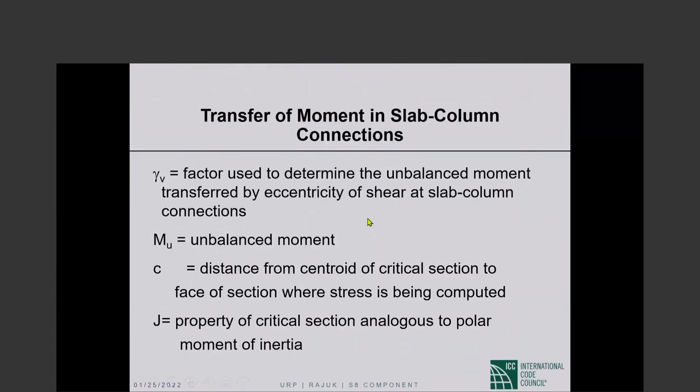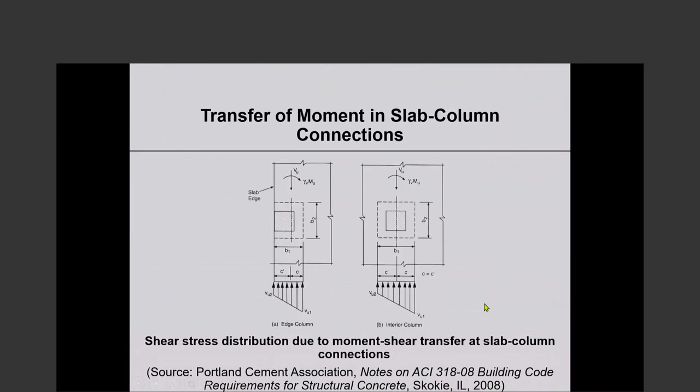Okay, so this is what we are saying. M sub U is the unbalanced moment. C is the distance from the centroid of the critical section to the face of the section where stress is being computed. J is a property of the critical section analogous to the polar moment of inertia.